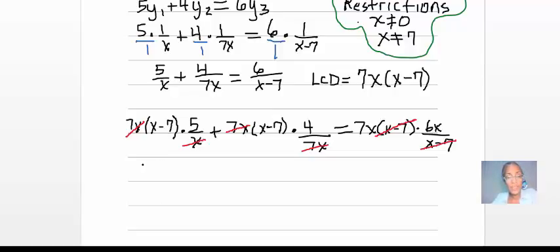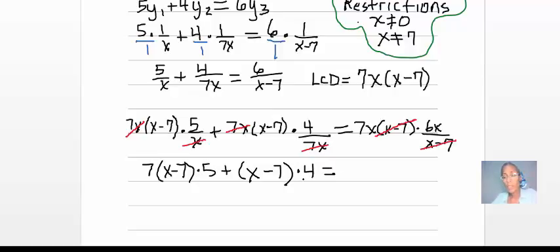So I'm left with 7 times x minus 7 times 5 plus x minus 7 times 4, which equals, oops, this is just a 6 here, not a 6x, which equals 7x times 6.